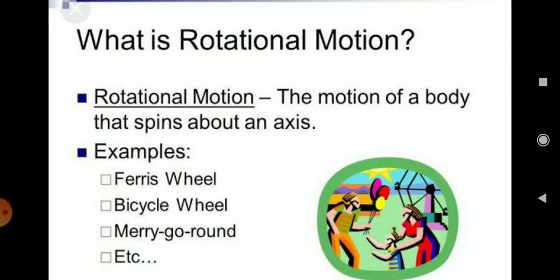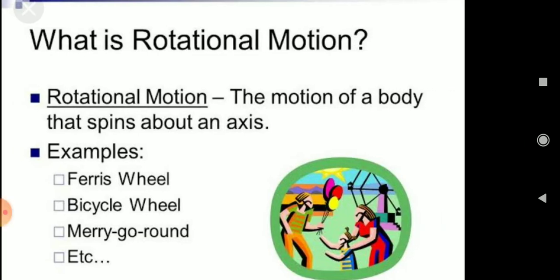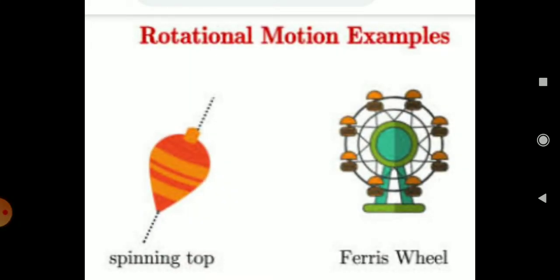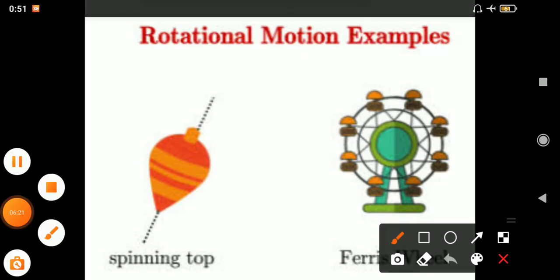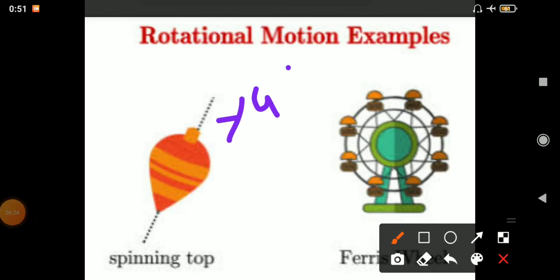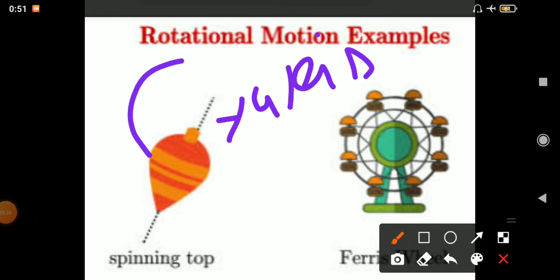Now rotational motion, the motion of a body that spins about an axis. It means that it will spin about an axis, and that is called rotational motion. Its examples are a ferry wheel, bicycle wheel, merry-go-round, etc. Here you can see a spinning top. See, this is the axis and this top is moving around it.